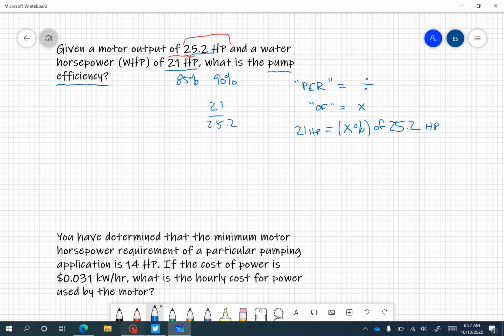So I can rewrite this like so. 21 horsepower equals X of 25.2, or remember we said that of always means multiply. I probably should have used a different variable. So of means multiply.